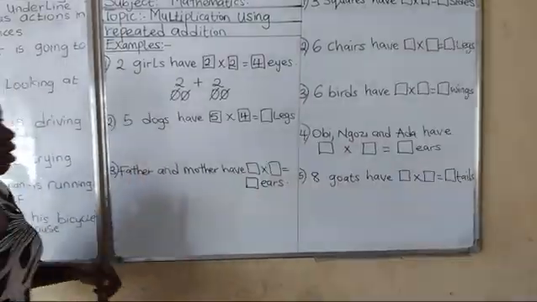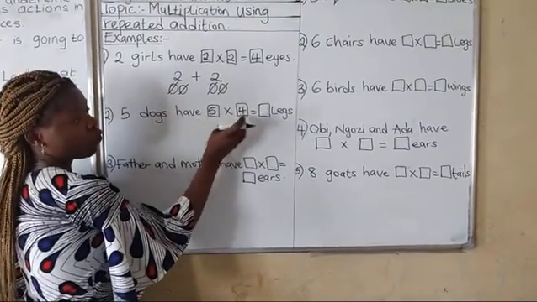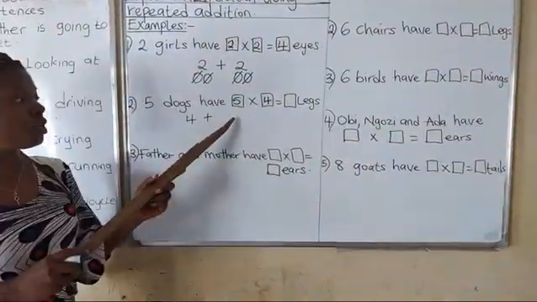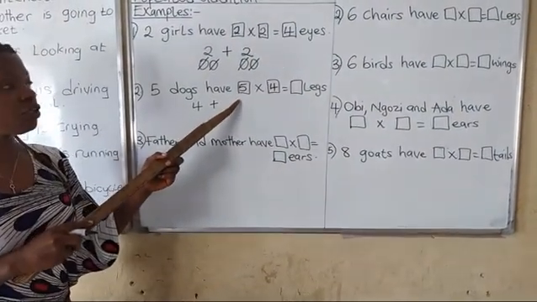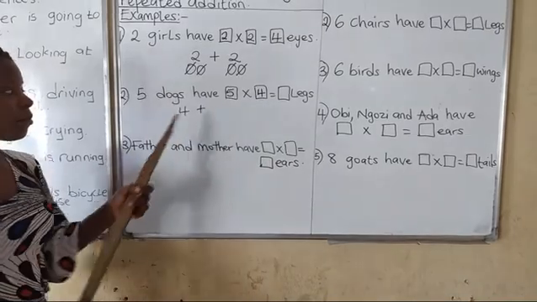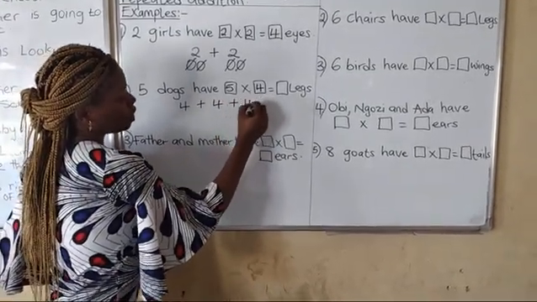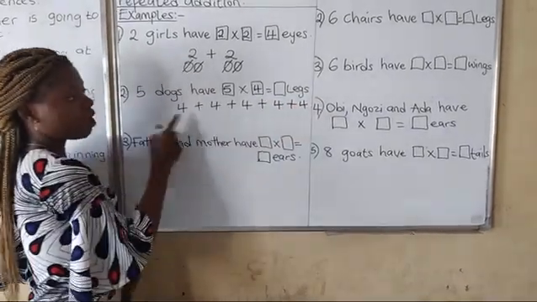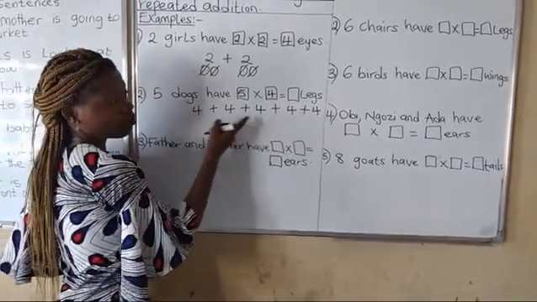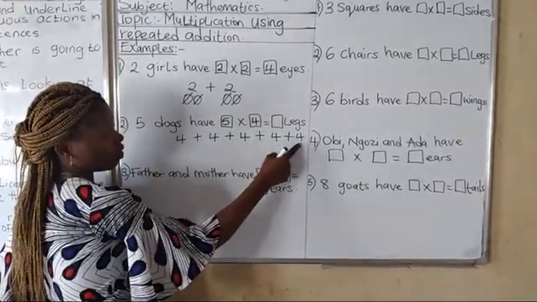Let's do it together. We are going to bring out 4 into 5 places for us to get our correct answer. 4 plus 4 plus 4 plus 4 plus 4. You count to be sure that your number of 4s are correct. 1, 2, 3, 4, 5.